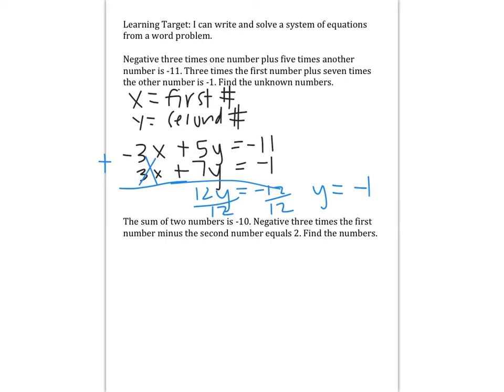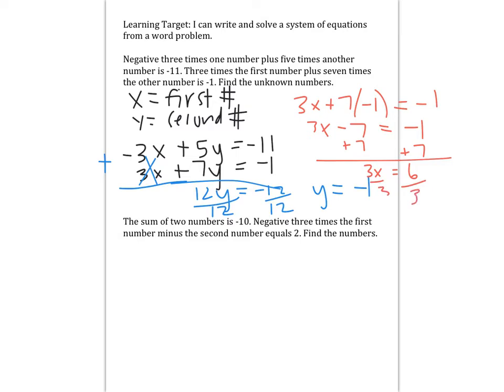So I'm going to plug that -1 in for y into the second equation and say 3x plus 7 times -1 equals -1. So 3x minus 7 equals -1, and we'll add 7 to both sides. 3x equals 6, divided by 3, so x equals 2.